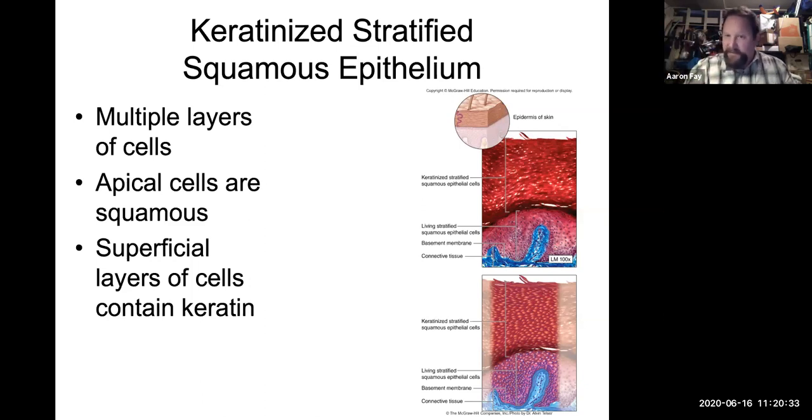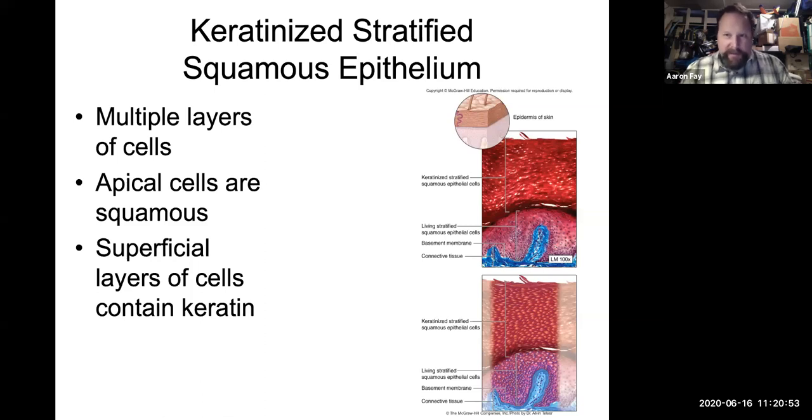We'll talk about that once we get into integumentary. But just so you realize, we have many layers of cells. That's the basement membrane. That's the apical surface. These cells are all alive. Once they fill up with keratin, they die, and they form that outer surface of keratinized stratified squamous epithelium.